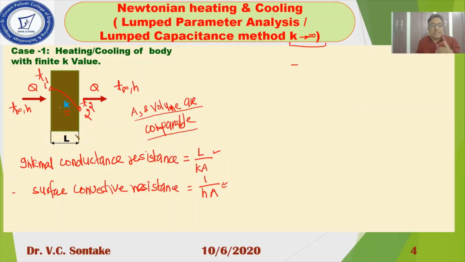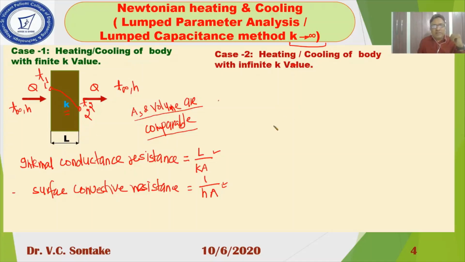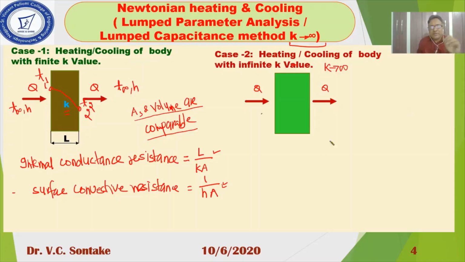Okay. Now let us consider case number 2: heating and cooling of a body with infinite K value. In this case, I am assuming the thermal conductivity of this body tends to infinity. So let us consider again one such body in which heat transfer is taking place, having a thermal conductivity value that tends to infinity.